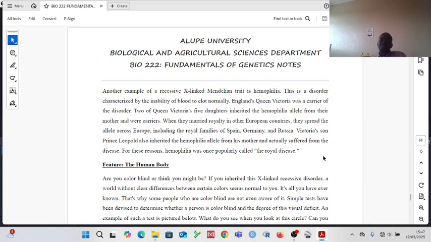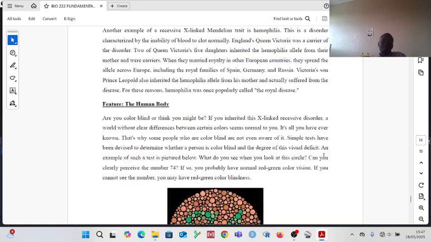That one can also be transmitted more to the male children, just like color blindness. So any recessive X-linked trait, color blindness or hemophilia, is likely to affect more sons than it would affect daughters.